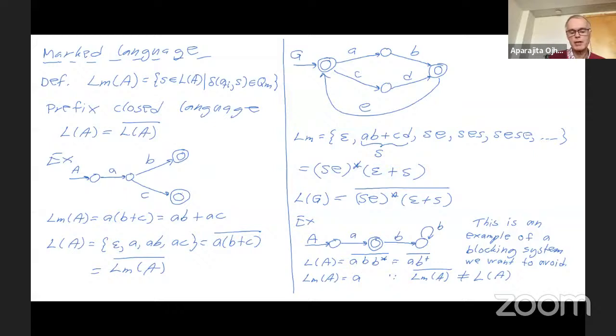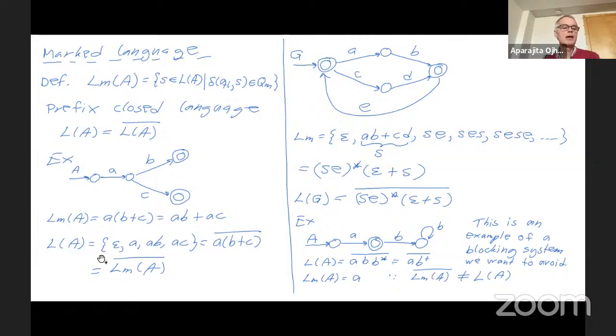So that's a property of an automaton. While the marked language only includes a subset of strings, namely those strings that bring you to the marked states. So in this case, the marked language only includes the strings AB and AC, while the complete language also includes epsilon and A.